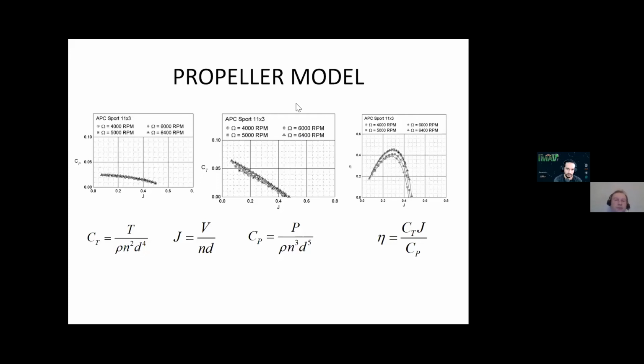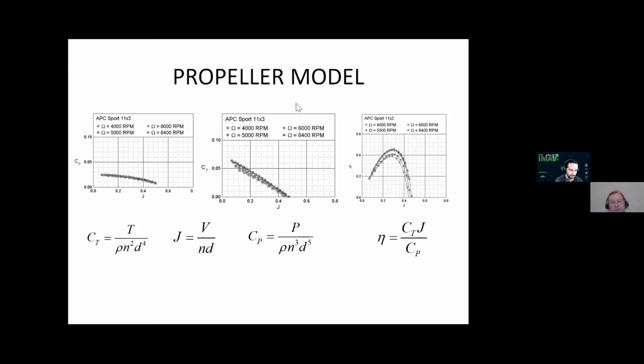Some words must be said about the propellers. As we know, for hovering the best choice is to use propellers with a rather small pitch to diameter ratio, for example, pitch equal to 3 inches and diameter equal to 11 inches.